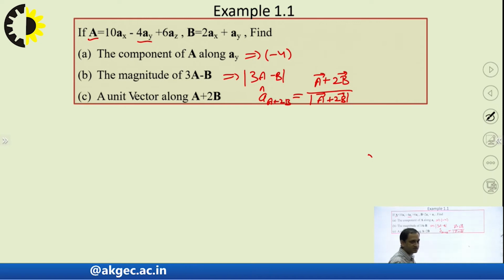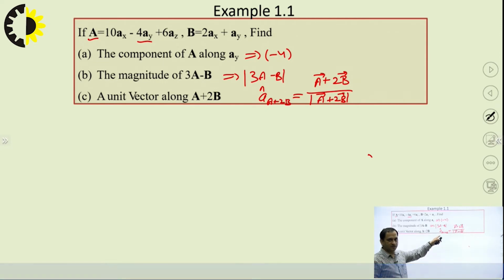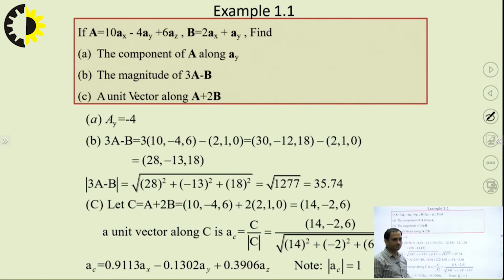This is a very basic formula which we are discussing. The unit vector along A plus 2B is the vector A plus 2B divided by the magnitude of A plus 2B. Addition you are very much aware of how to do, so the resultant for that is this.